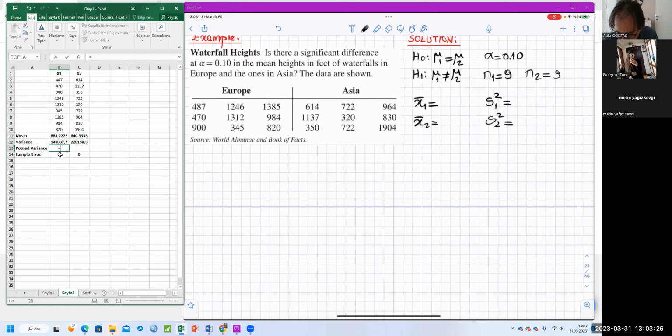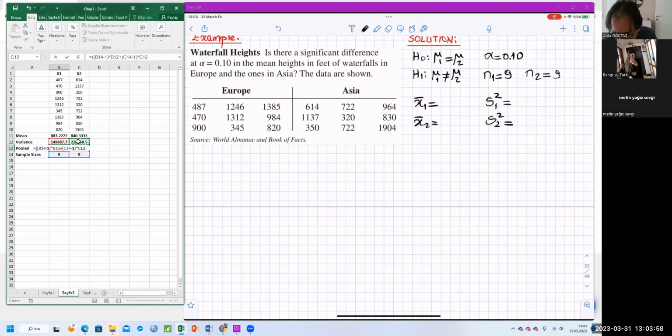Okay, the sample variance equals... I will type within a bracket, and I will also have another bracket, 9 minus 1 times s1 square. S1 square is this one. Multiply this, plus the second one, 9 minus 1 multiplied by its variance, this one.